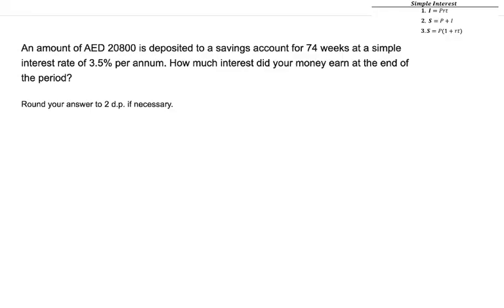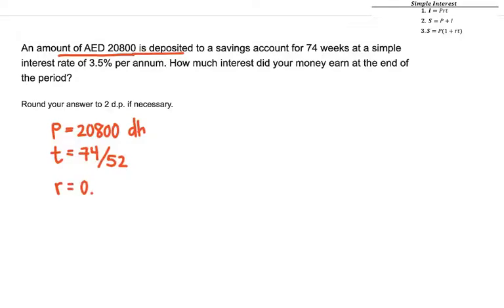Okay, here's one last example. They start with an amount deposited, so that's our starting amount, 20,800 dirhams, into a savings account for 74 weeks. So that's time, and again, you cannot just put 74, that would mean 74 years. But 74 weeks, we'll do 74 divided by 52. The rate is 3.5% per annum, means per year, 0.035. And they're just asking about interest.